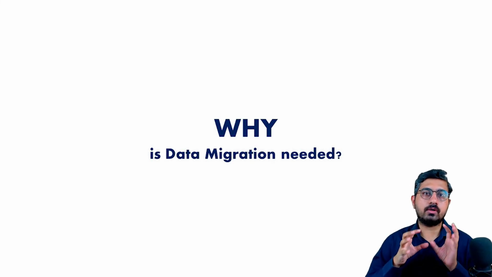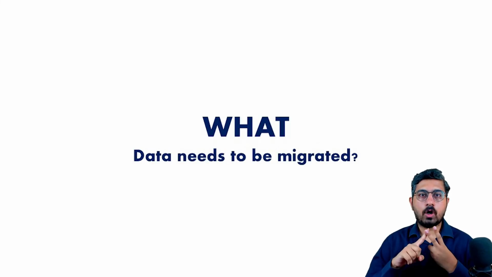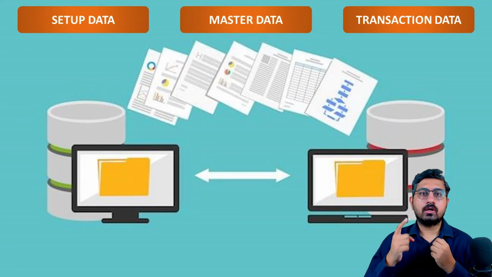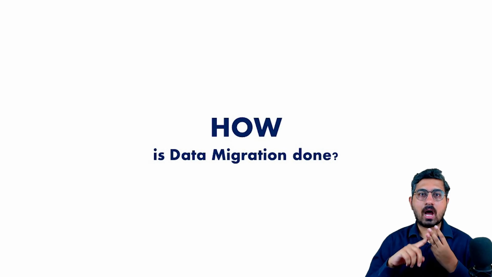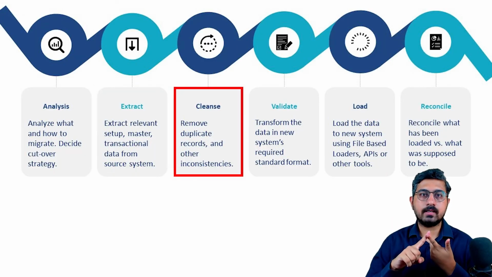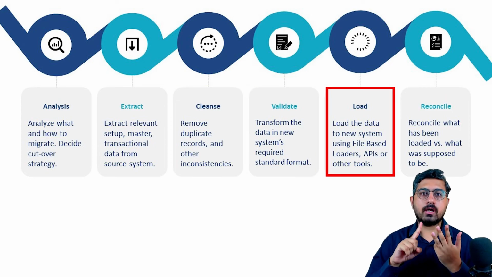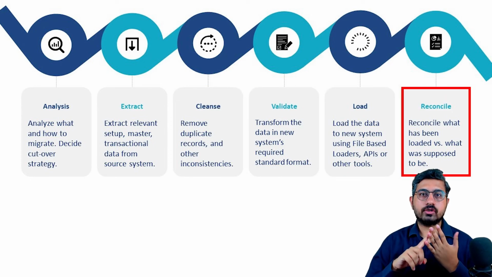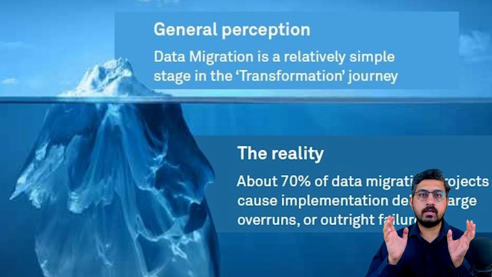That is the answer to why. Second, what? There could be three types of data: configuration or setup data, master data, and transactional data that need to be migrated. And third, how? There is a 5-step process: data extraction, data cleansing, data transformation, data load, and then data reconciliation. That is the overall broader understanding of data migration as a concept.